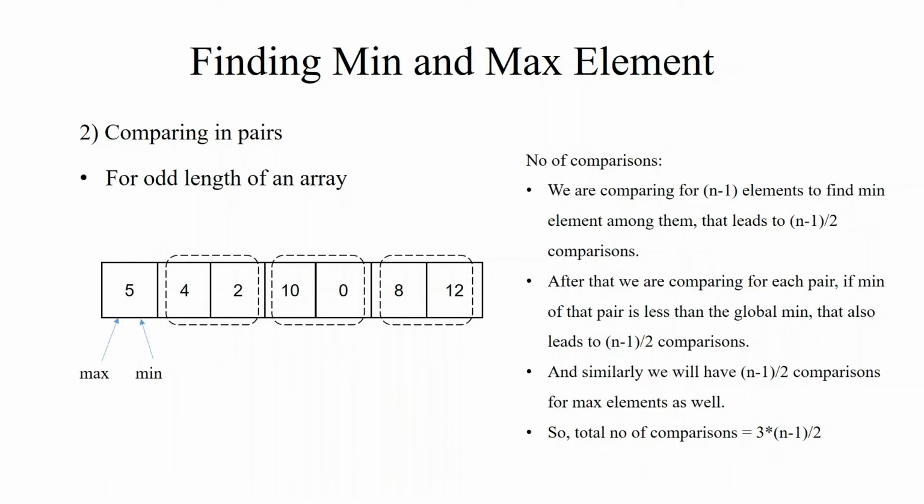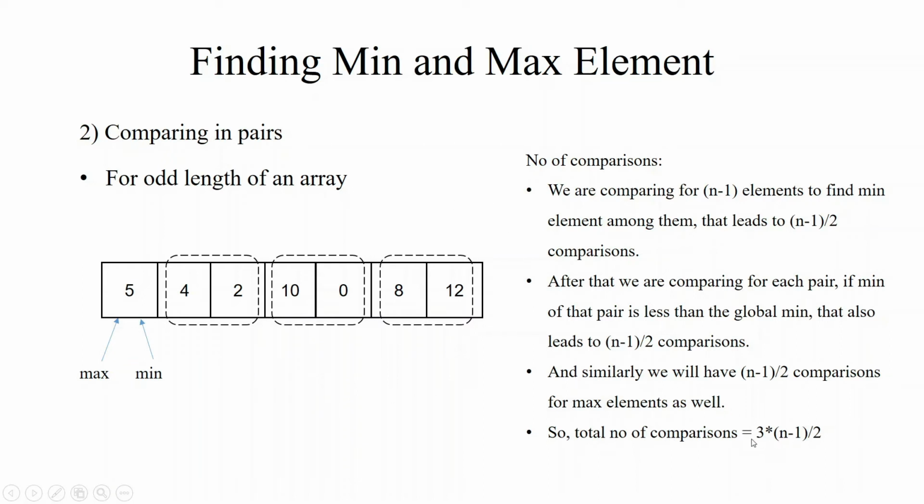Now the total number of comparisons here are, for each pair we are checking which element is greater, that is one comparison, and then we'll check whether this greater element is greater than the global maximum, and whether this lesser element is less than the global minimum. So that's a total of max 3 comparisons per pair, and we have a total of n minus 1 divided by 2 pairs, because these n minus 1 elements comprise n minus 1 by 2 pairs.